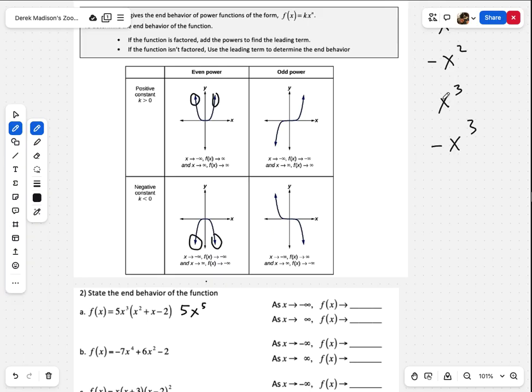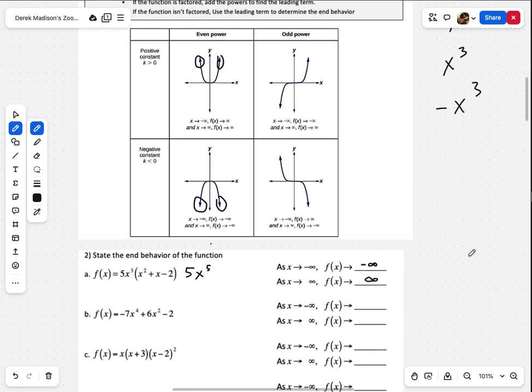So positive odd looks like x cubed. So as x goes to negative infinity this way, the y's go to negative infinity. And as x, this arrow means goes to positive infinity out this way, the y values go to positive infinity.